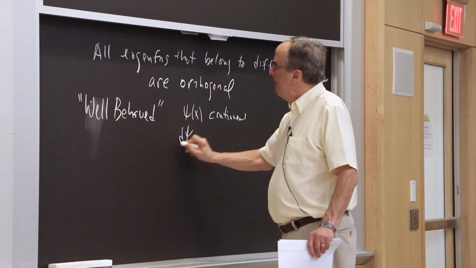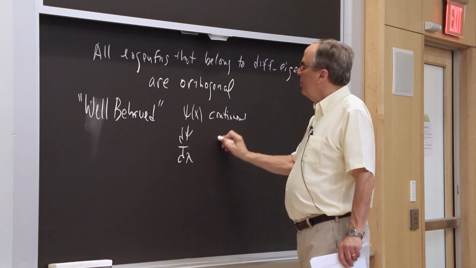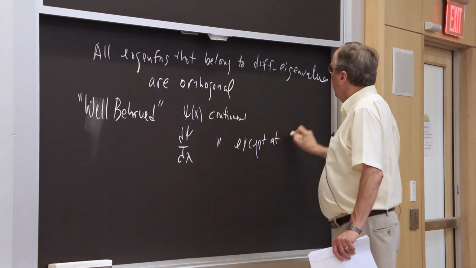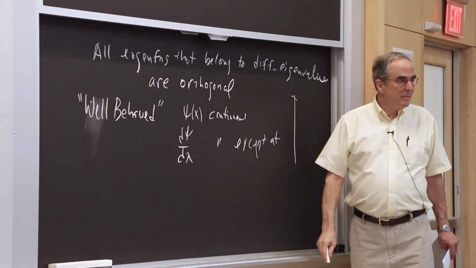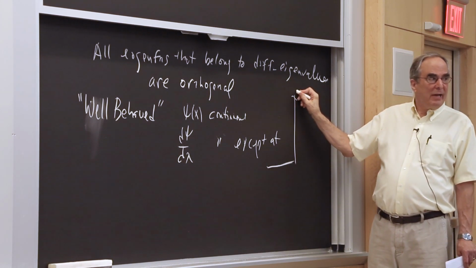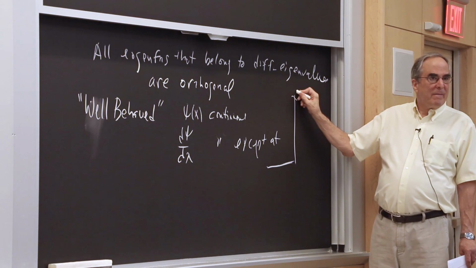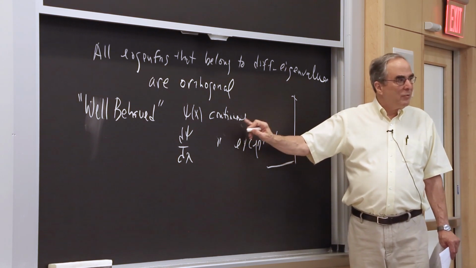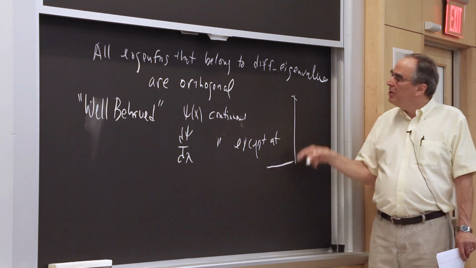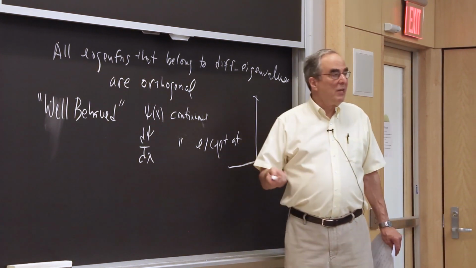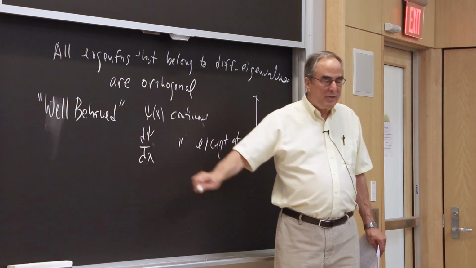The derivative is continuous, except at an infinite barrier. So you come along and you hit an infinite barrier. And you've already seen that with the particle in a box. The wave function is continuous at the edge of the box, but the derivative is discontinuous. And it's because it's an infinite wall.